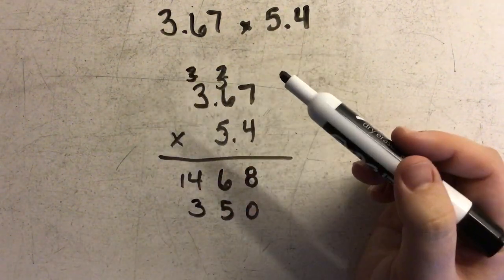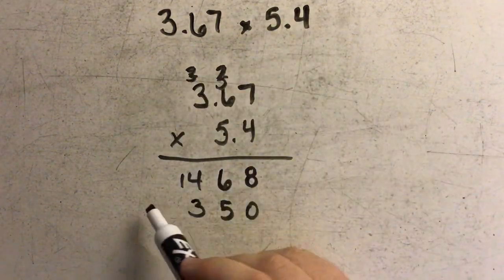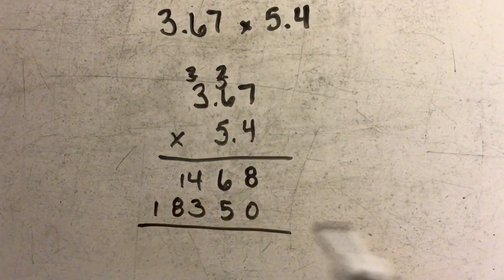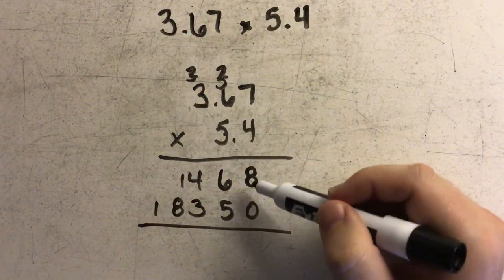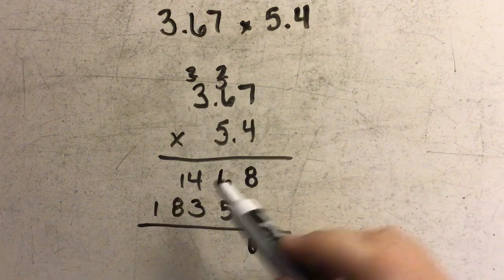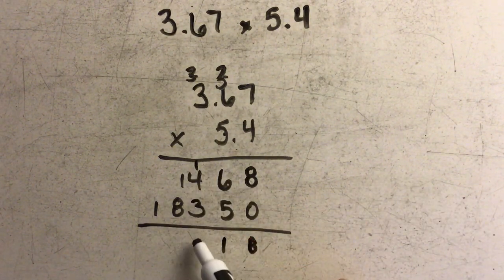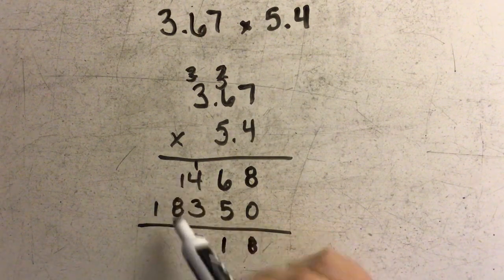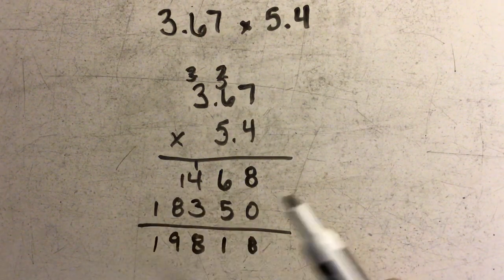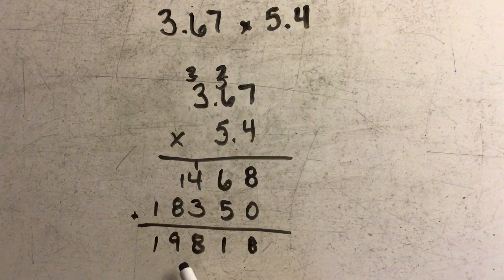And 5 times 3 is 15, plus 3 is 18. And again, I'm going to want to add these totals. So 8 plus 0 is 8, 6 plus 5 is 11, 1 plus 4 is 5, plus 3 is 8, 1 plus 8 is 9, and 1 plus 0 is 1.